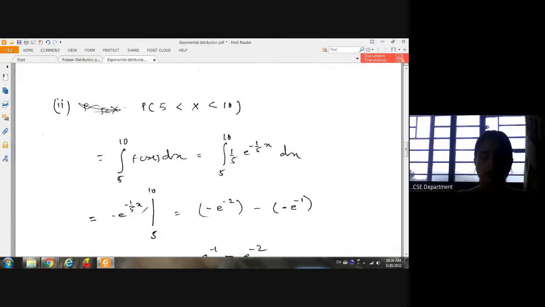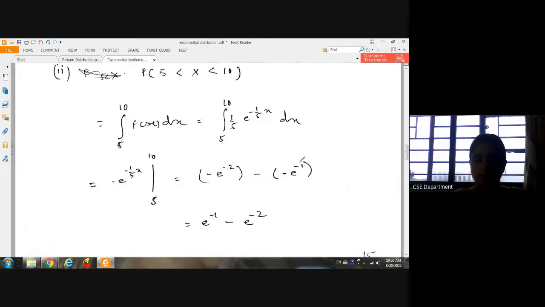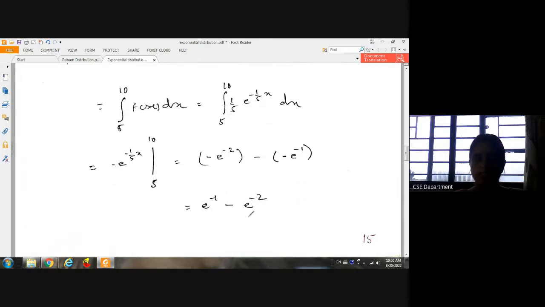First substitute 10: 10 by 5 is 2, so minus e power minus 2. When you substitute 5, it becomes e power minus 1, so minus e power minus 1. So minus minus becomes plus, e power minus 1 minus e power minus 2.